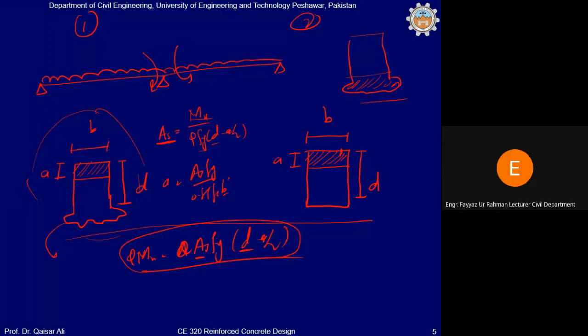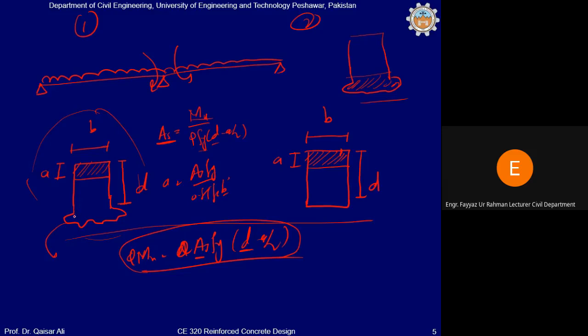And also, why it is so, because if you remember in the very basic assumptions we studied in reinforced concrete mechanics, the tensile strength of concrete is completely ignored in the design, or you can say the contribution of the concrete under tension is ignored in the design.